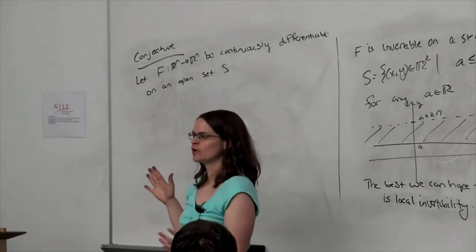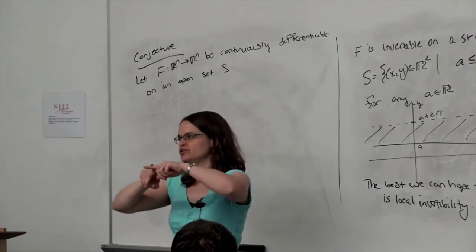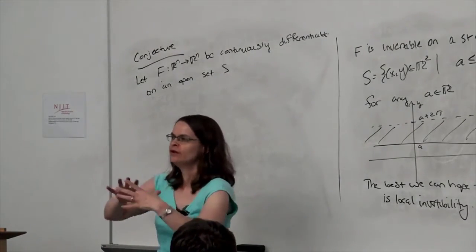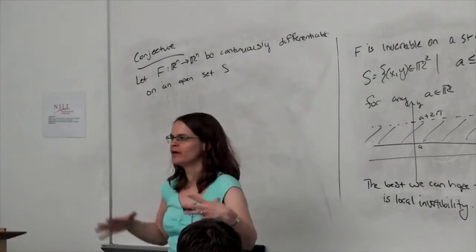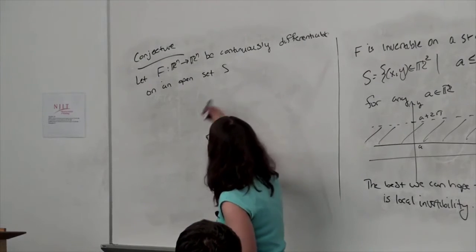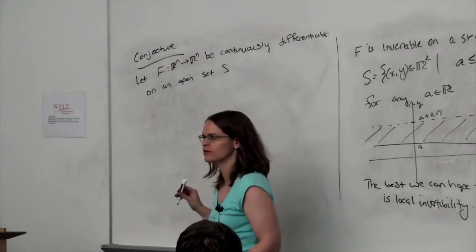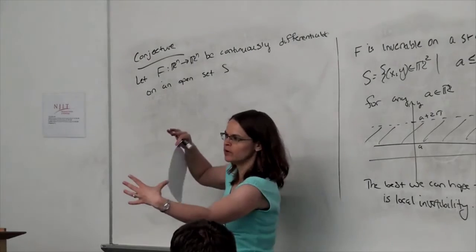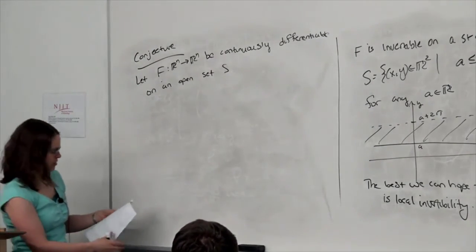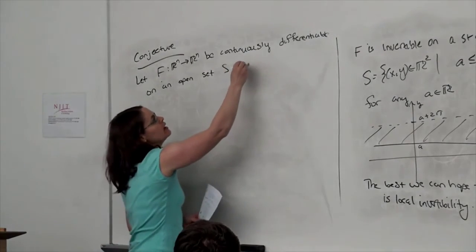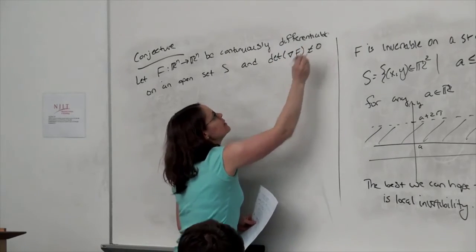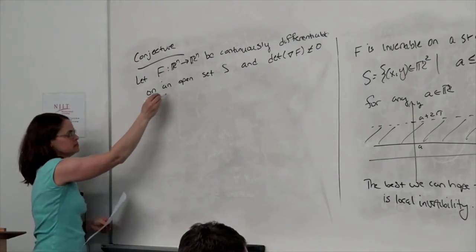So I don't want to say that I'm working in R3 and then have S be just a straight line, and somehow this function is only well behaved on a line embedded in R3. I want my function to be well behaved in an actual volume. That's something that working with open sets guarantees us, because an open set means I can build a ball around points in there that takes up space and that stays in the set. Okay, so we're on an open set, and my Jacobian is invertible on S.